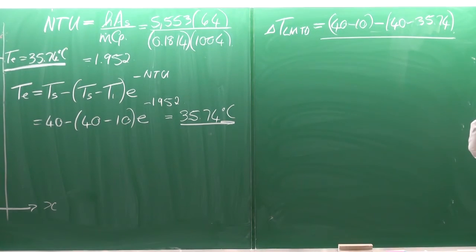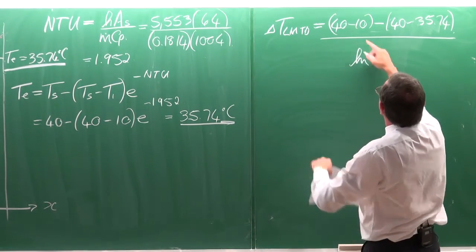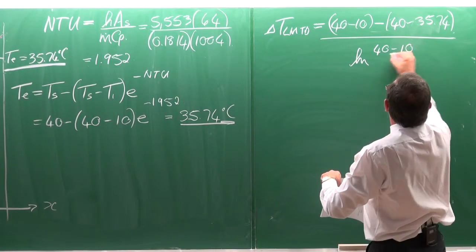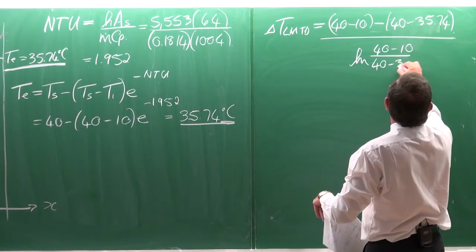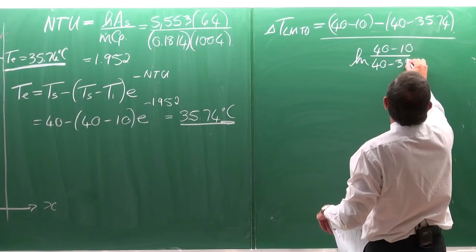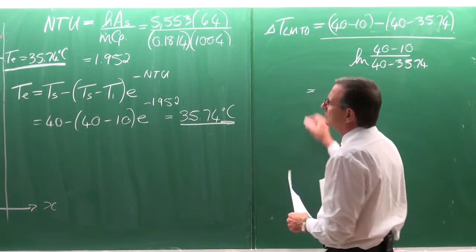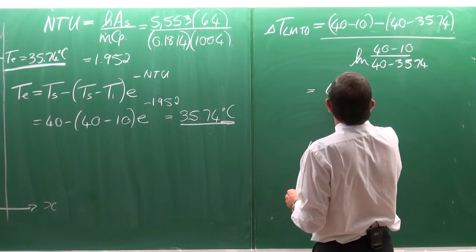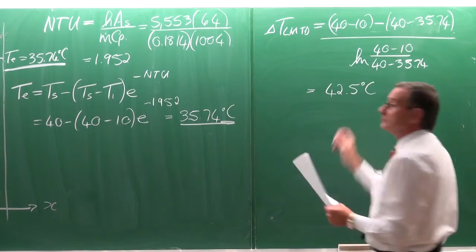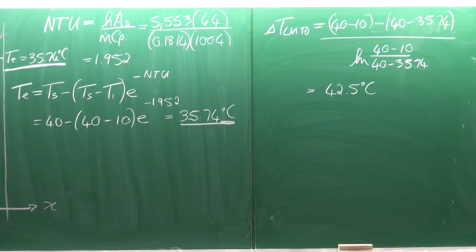Those two temperature differences divided by the ln of those two terms. And that is equal to 42.5. No, no, I've made a calculation error.